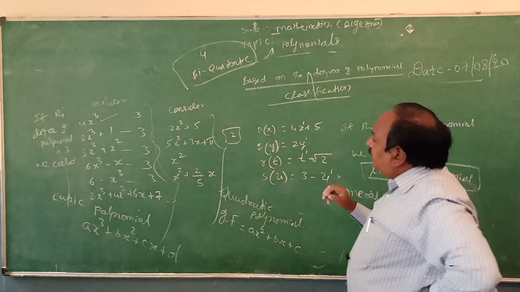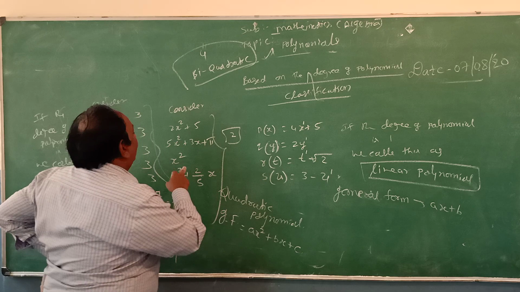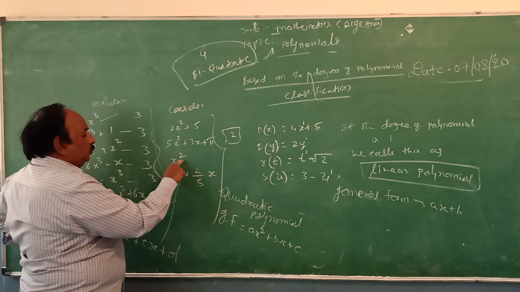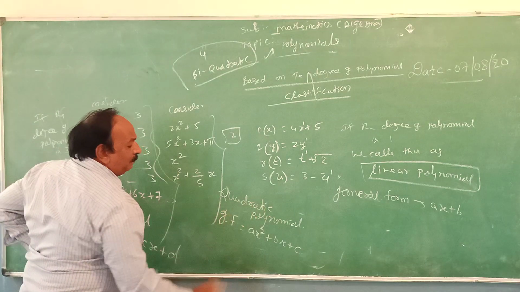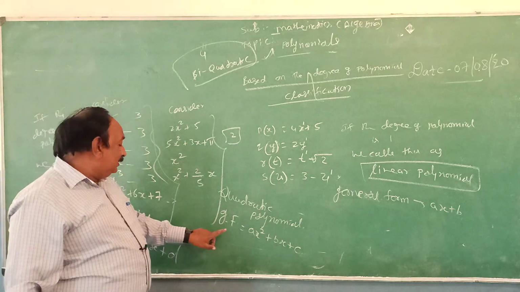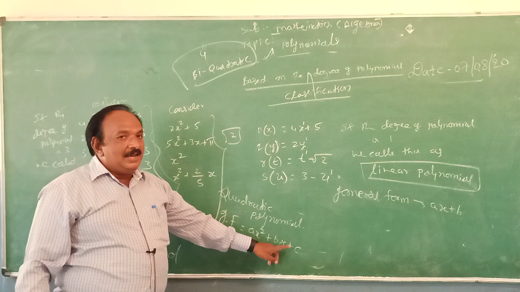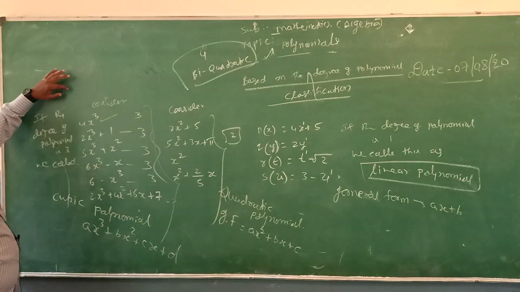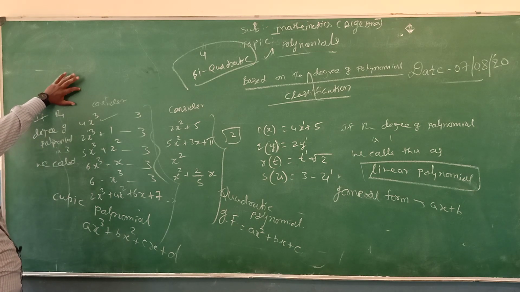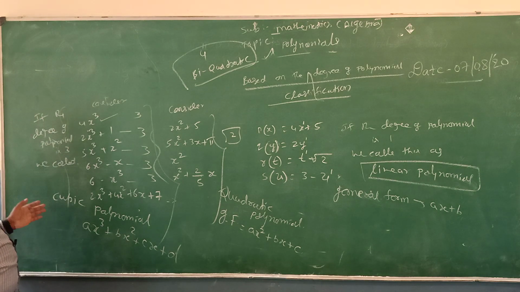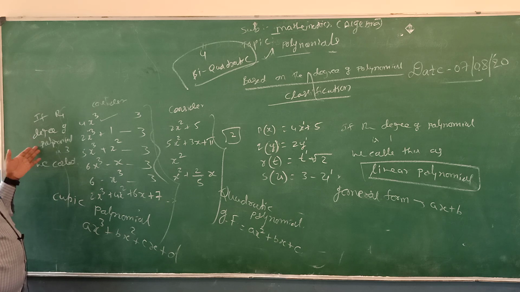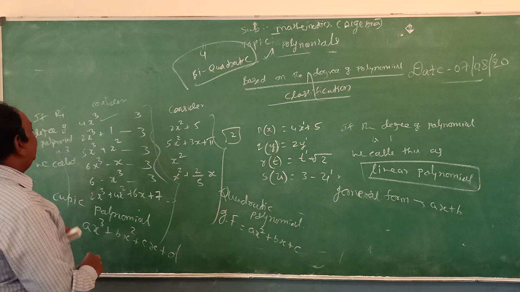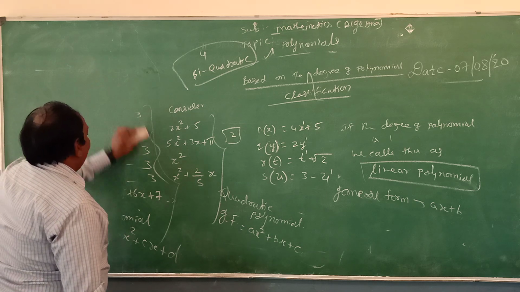If the degree is 2, we call it a quadratic polynomial, with general form ax square plus bx plus c. If the degree is 3, we call it a cubic polynomial. I think you all understand this concept.